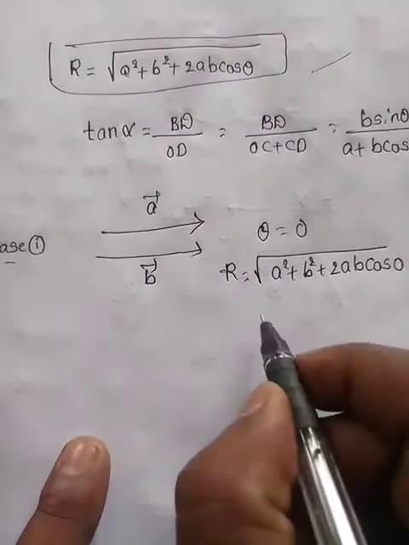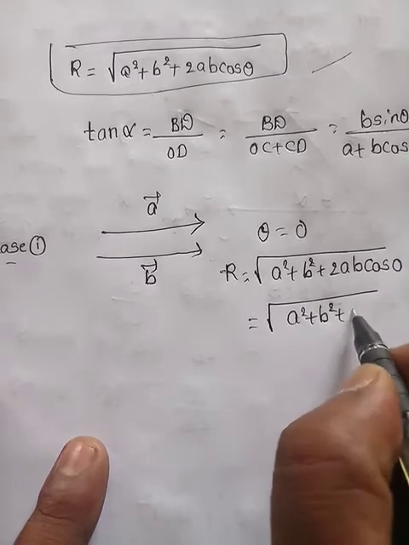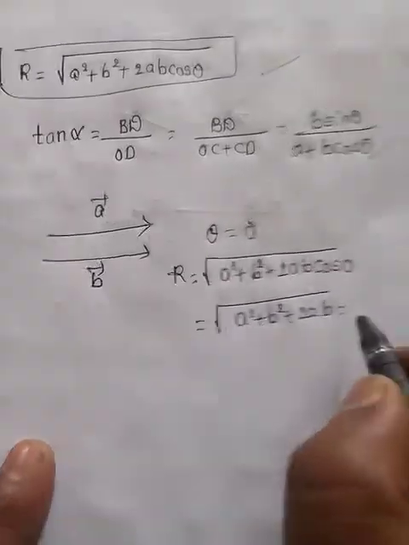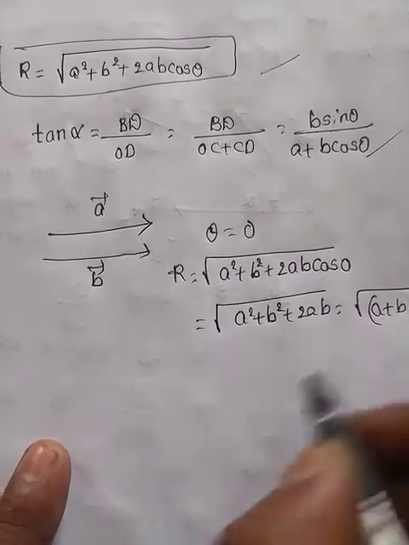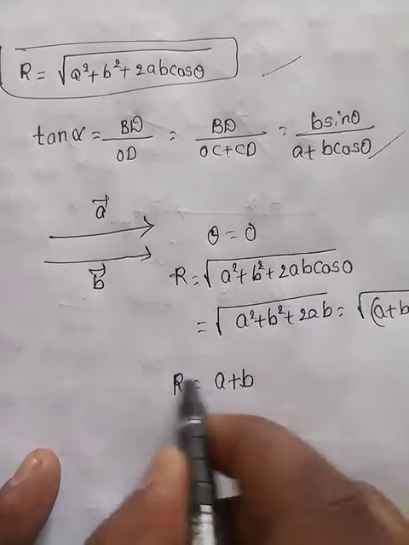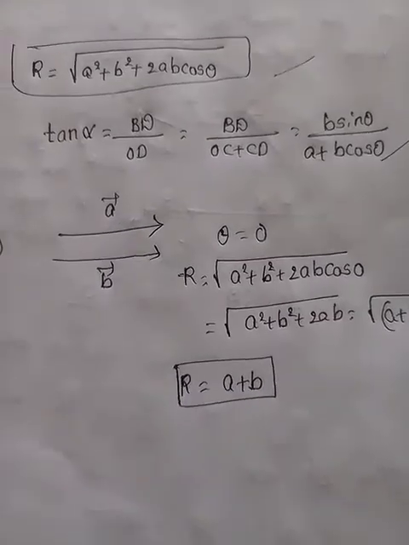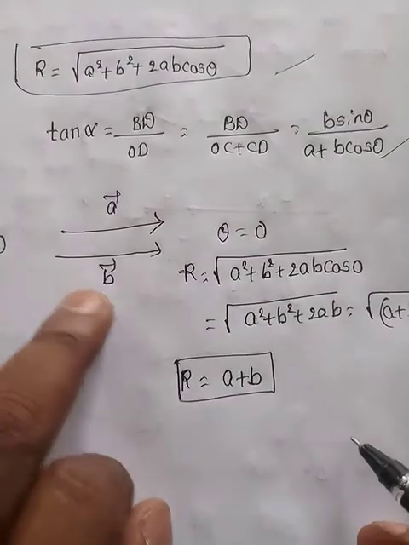Cos 0 is 1, that is nothing but root of A square plus B square plus 2AB. So, we can write it as root of A plus B whole square, the square root cancels, R is equal to A plus B. So, both vectors are moving along the same direction, the resultant is along the same direction. We should add these two vectors.